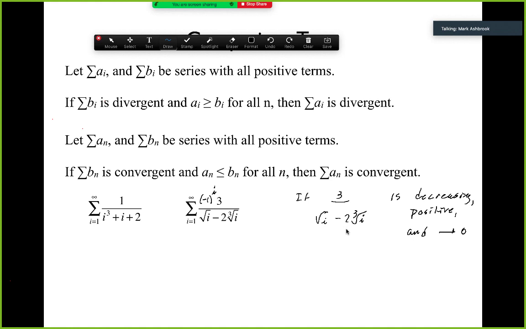All that's required now is that it goes to 0. Not that it goes to 0 fast enough, but just that it goes to 0 if it has the alternating effect on it.